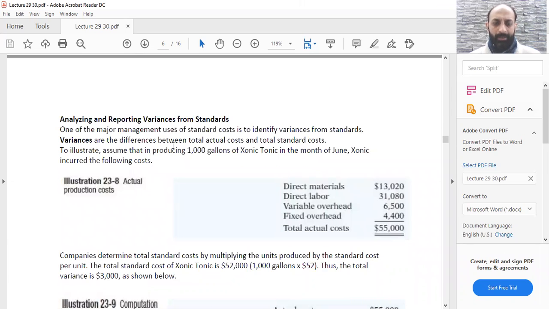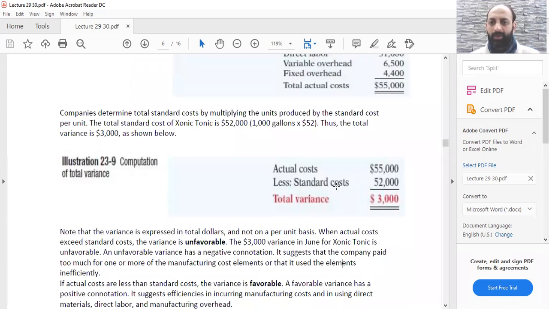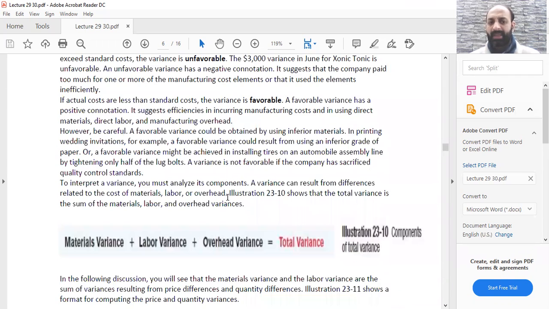Now, analyzing and reporting variances from standards, if you remember, we also did that. We made a small chart and we were able to calculate the total variance figure.